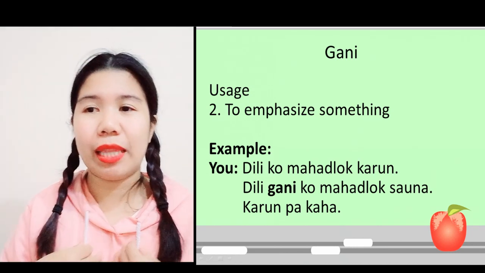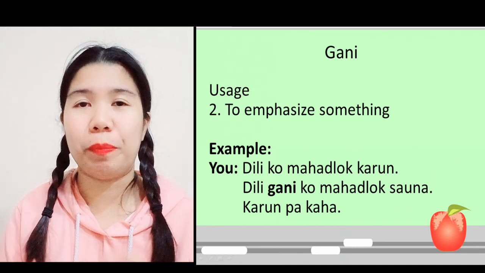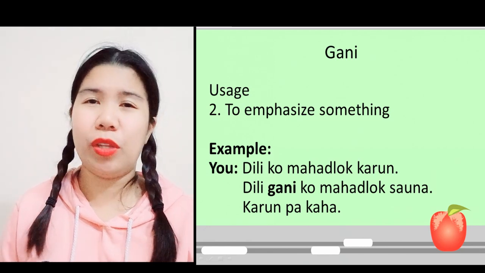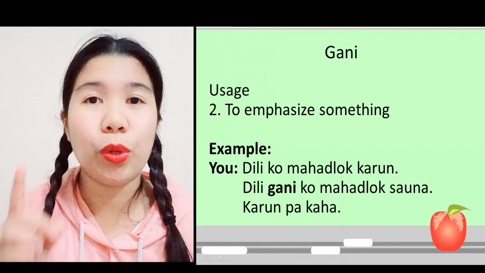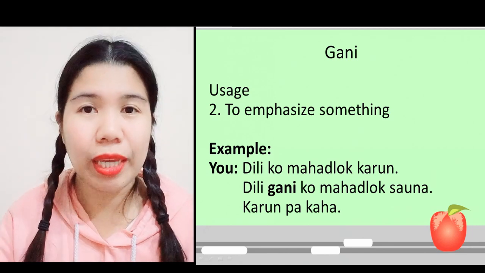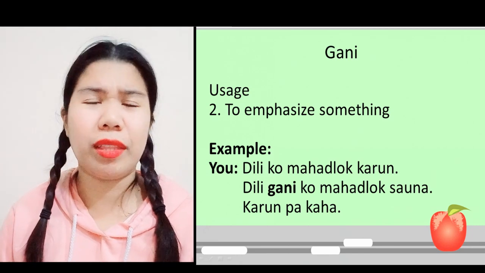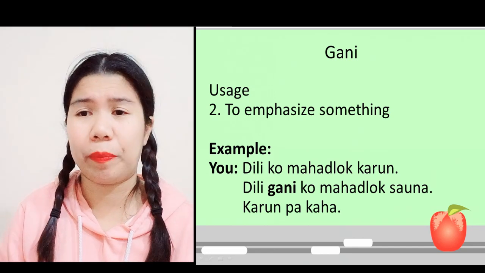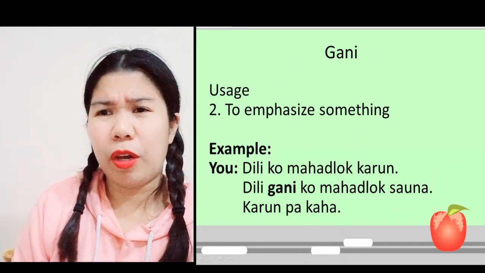Ko means me, and then mahadlok is afraid or be afraid. So, dili ko mahadlok means I will not be afraid, and then karon means now. Karon can be now or today. I will not be afraid today.